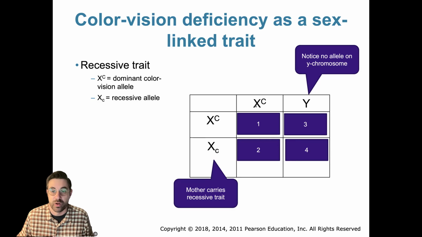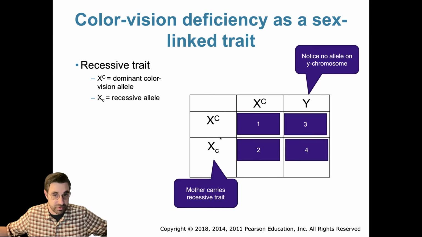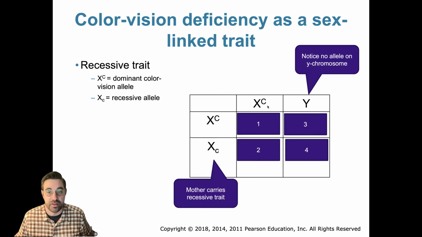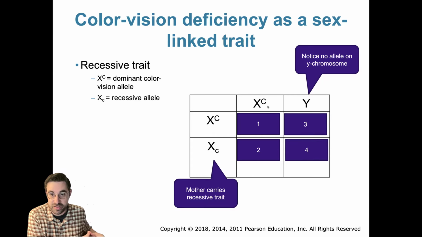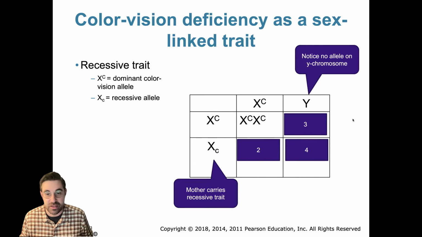Let's break this down for an XY father and an XX mother, both of whom can see the full spectrum of color. We've got a father with a dominant color vision allele and a mother who carries the recessive trait, but she can see in color because she has the dominant allele on the other X. Now, if they have four children and the genetic lottery comes up so that there are different combinations, the first child might be female, with two X chromosomes that are both dominant.